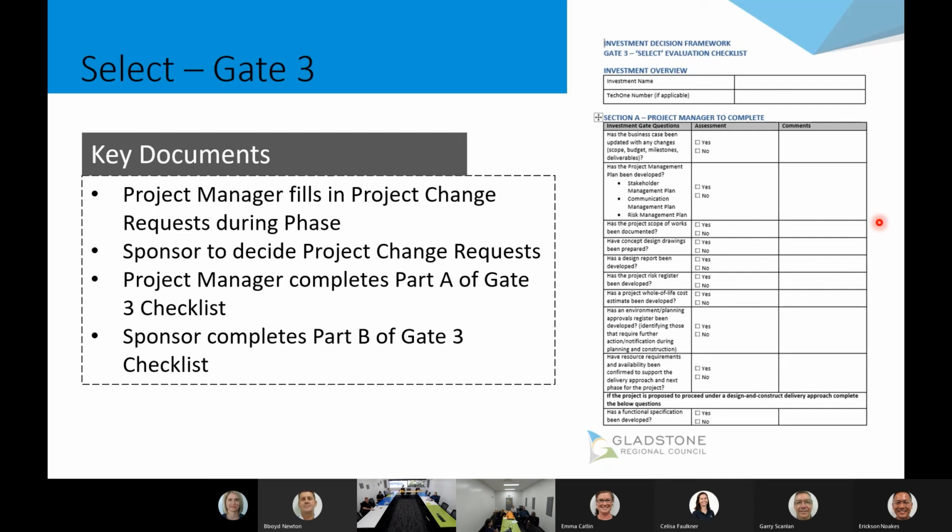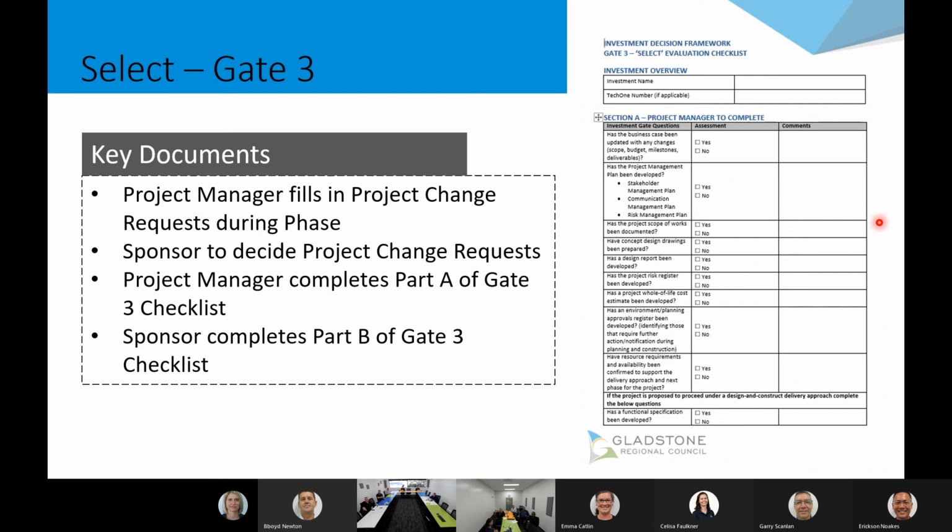So then we get to the end of the phase, and the sponsor's deciding on those changes, we think we've got our concept pretty good. The project manager completes part A of the gate 3 checklist. So from gate 3 onwards, these checklists are dual purpose, and we did this as an opportunity to not just have multiple documents and forms.